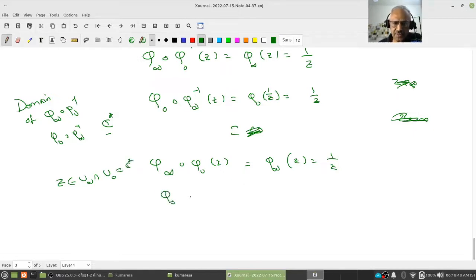Similarly, phi 0 of phi infinity of z: now z is in C star, therefore it's going to be phi 0 of 1 by z, that is also 1 by z. Do you follow that?